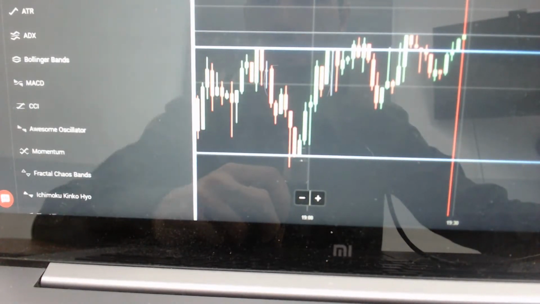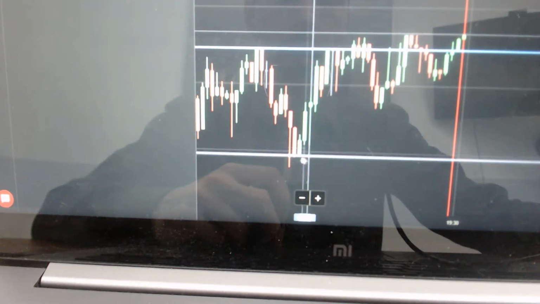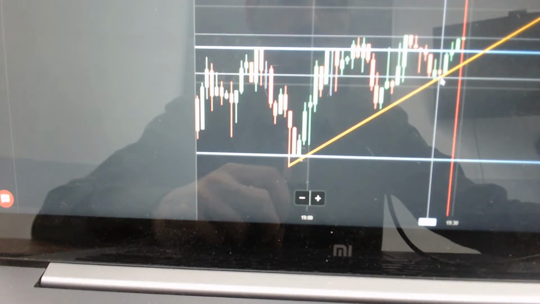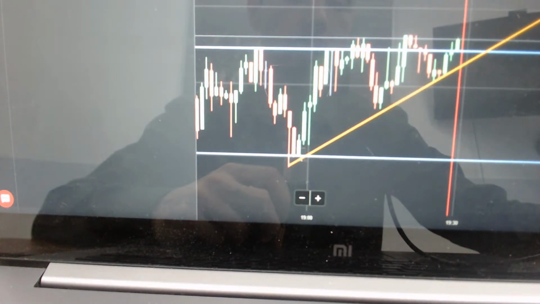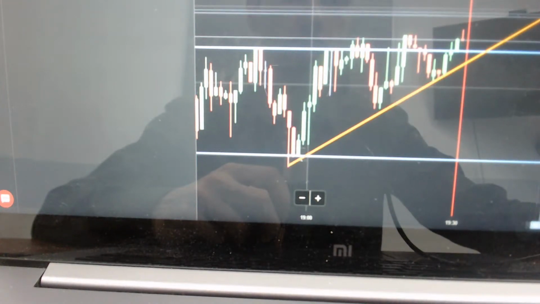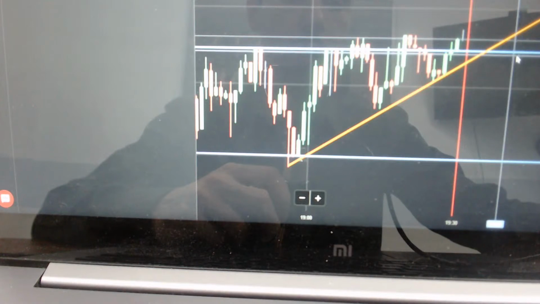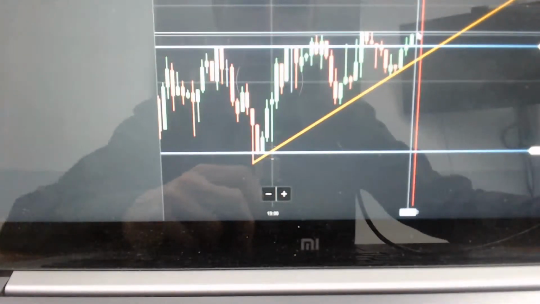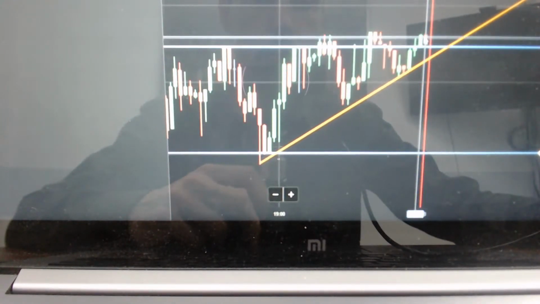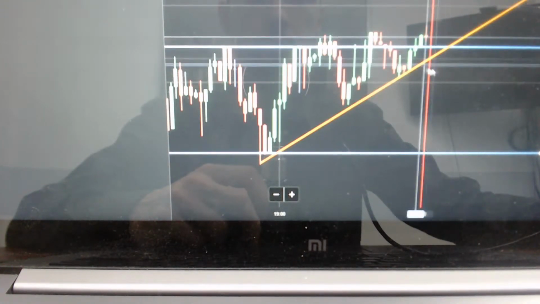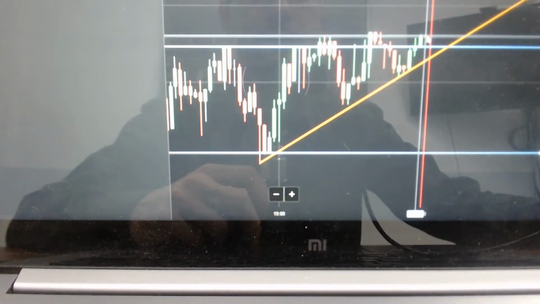Oh, sorry again, tools, ray. And here is the trend line, and this trend line is uprising, so it is the support level, and the horizontal line here is the support level too, for now. Later, when it is punctured, it will become the resistance level, but so far it's a support level.